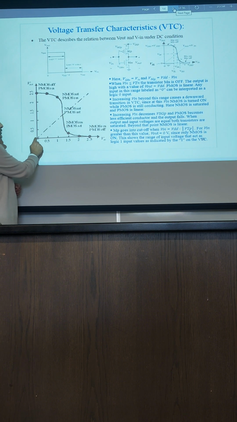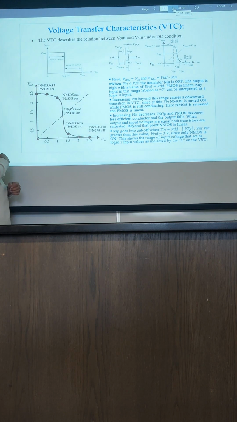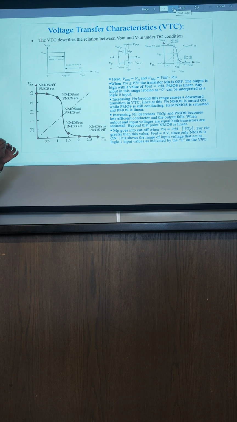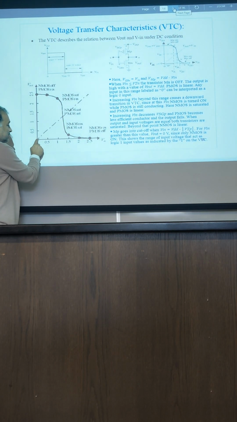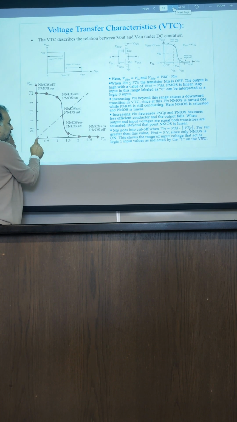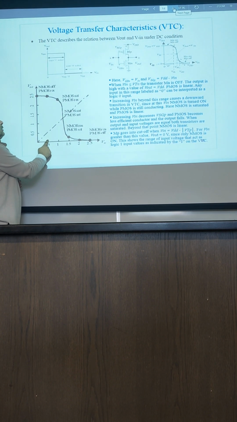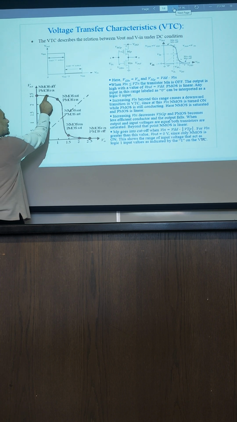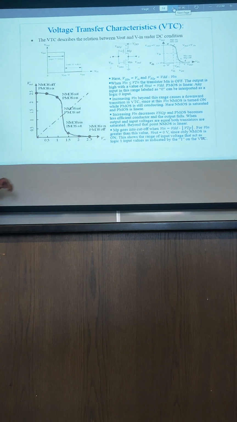So initially the input will increase, still the transistor is considered a low input. So for a low input, as input voltage increases, output voltage will not change. For low input, output voltage will remain constant.